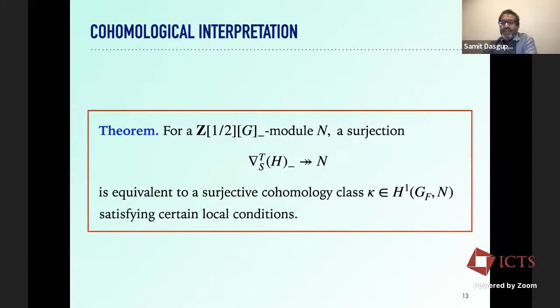I should say that the image of that cocycle generates N as an R-module, where R is the ring you're talking about. In this case, our ring is this. So as a Z[1/2][G]-module, the image of any representing cocycle has to generate. In other words, there's no submodule of N from which the cohomology class arises.